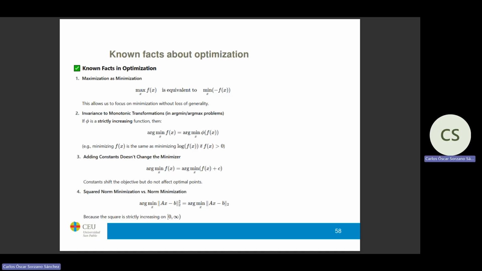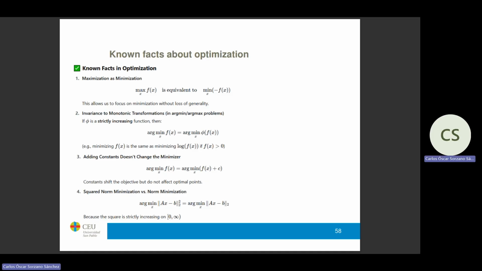Then minimizing the norm or minimizing the square of the norm doesn't matter, because a square is a strictly increasing function. So I don't care about minimizing something or the square of it.